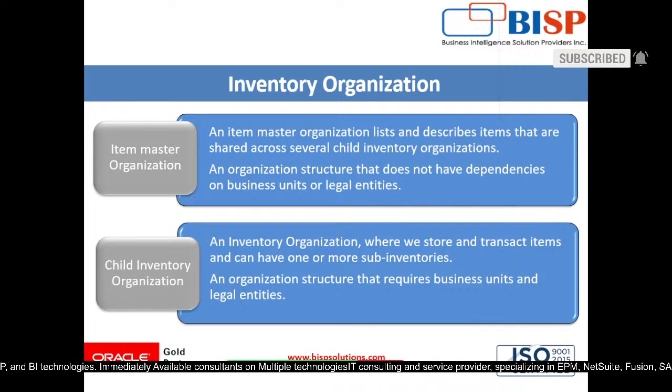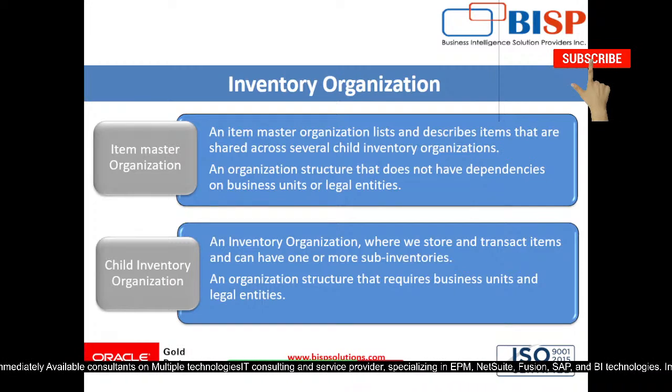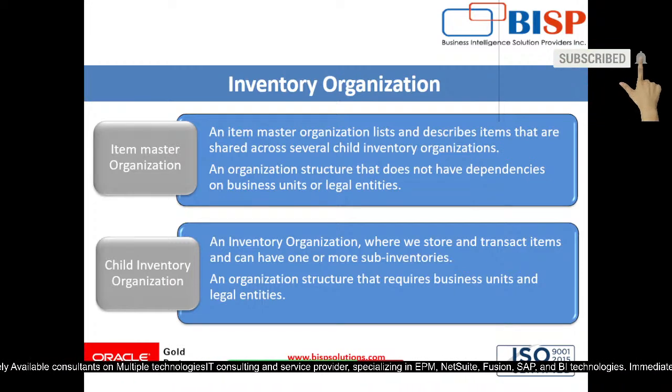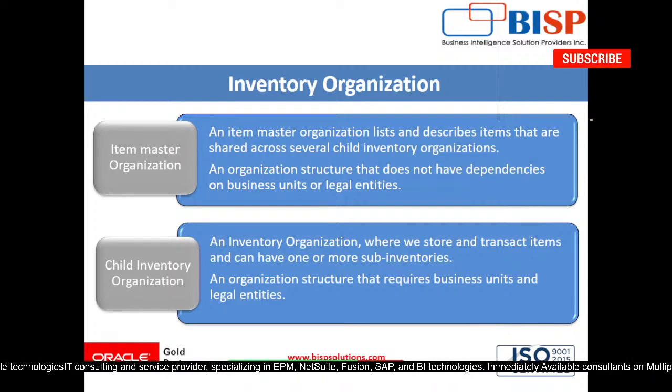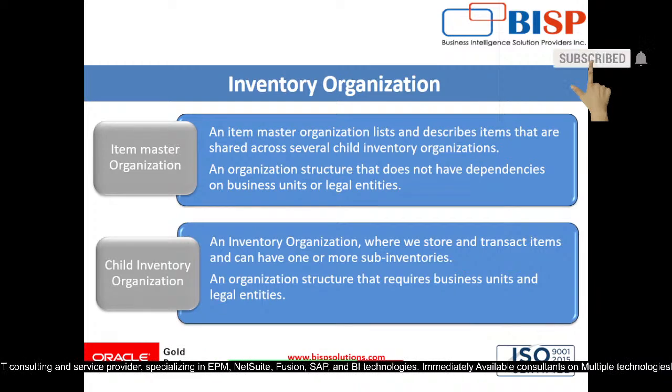It creates confusion for the item definition and the maintenance, because multiple item masters are distinct entities with no relationship to each other, right? So you cannot associate an item in one item master organization with the other item master organization, and you cannot copy the item across item master organizations, right?